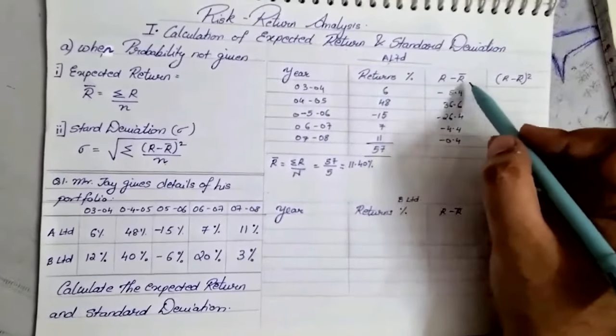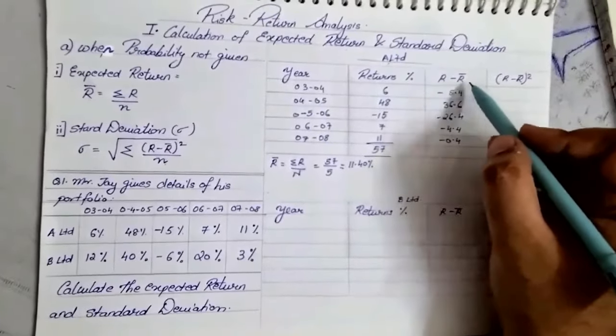Now similarly we'll have to do for B limited. So under years again we have 2003, 2004, 2004, 2005, 2005, 2006, 2006, 2007 and 2007, 2008. Under returns we'll note down as 12, 40, negative 6, 23, and the total of which will come approximately to, so we add up the values.